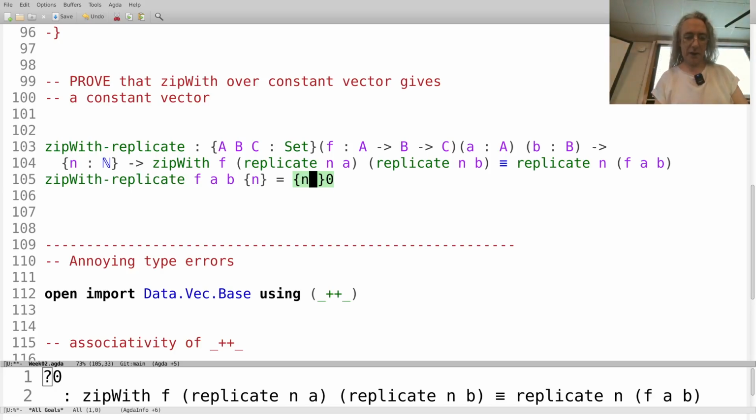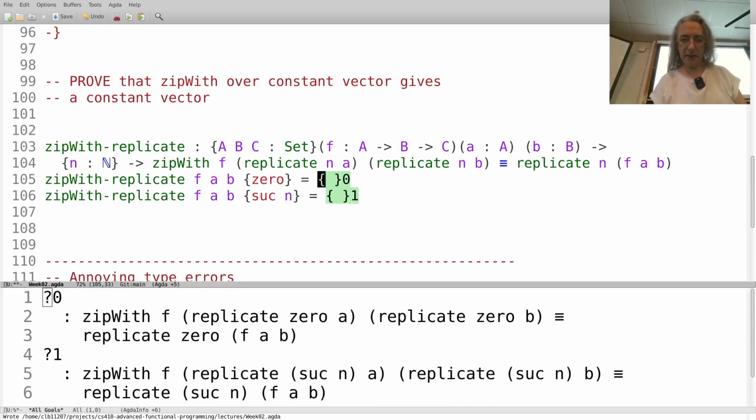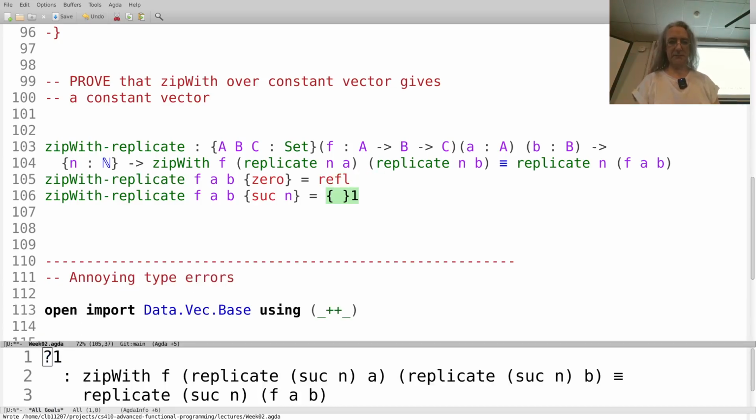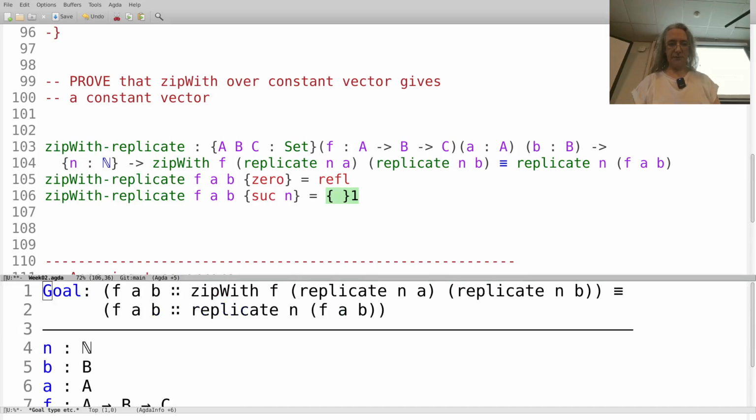Now we start looking at it. Okay, so in goal 0, that computes to nothing is nothing. Thank goodness for that. And in goal 1, we get a little bit of computation.